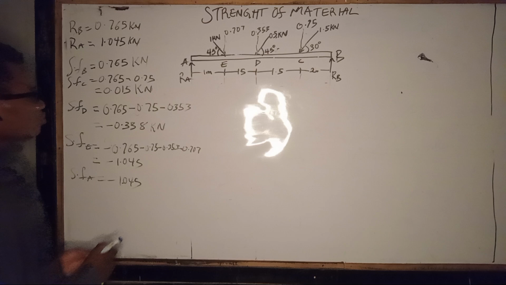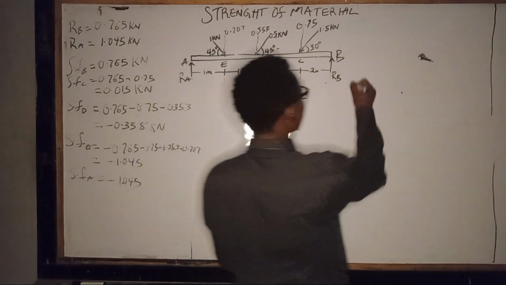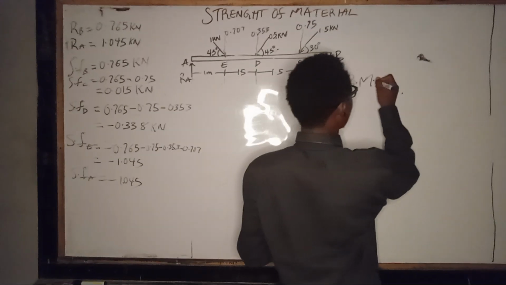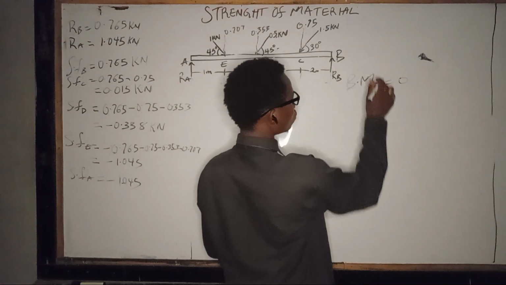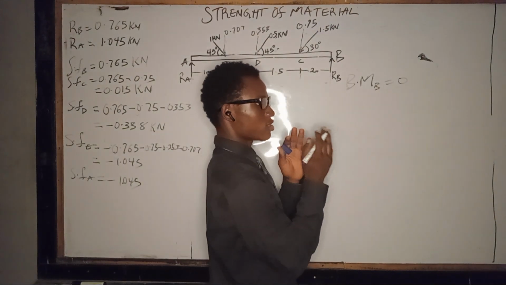Then we move on to our bending moment. Our bending moment right here at B is equal to 0 because there is no force times this and there is no distance there.